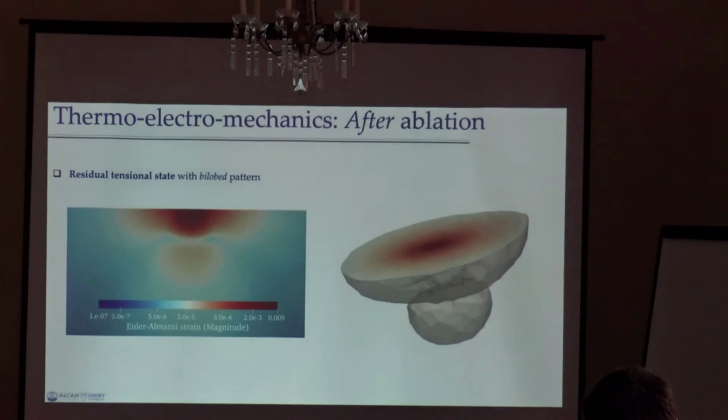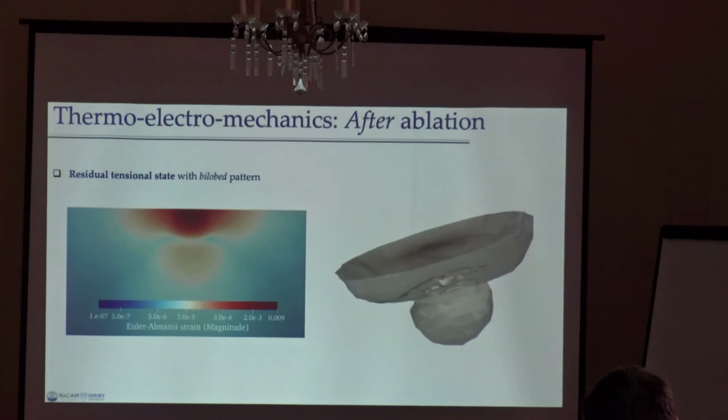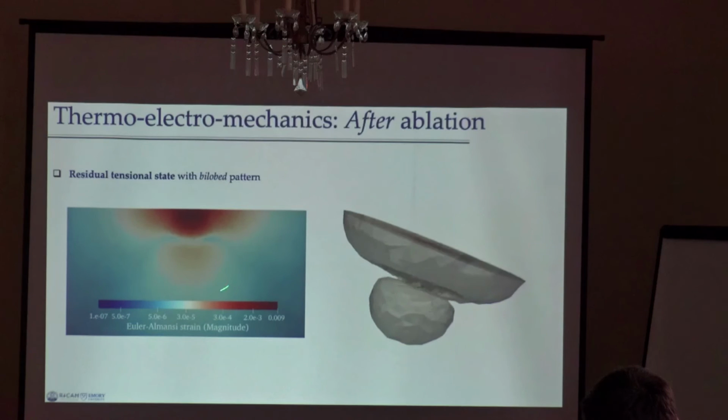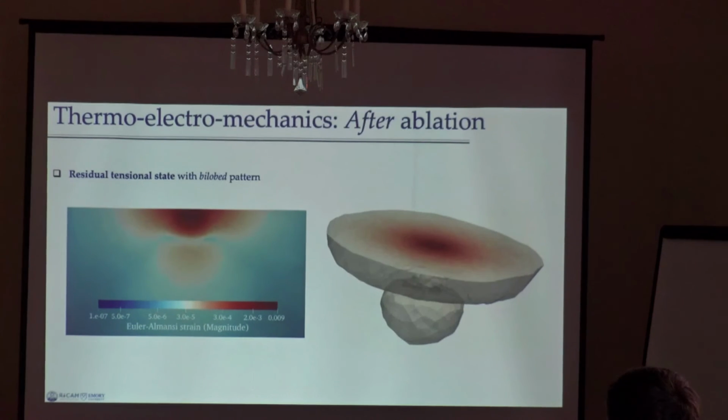But because of the damage process that we have introduced in the anisotropic contribution, there is an interesting result of the study. This is the residual state that we get after the procedure. So you have some parts of the tissue that are contracted and some parts that are extended because of this denaturation process of the proteins.